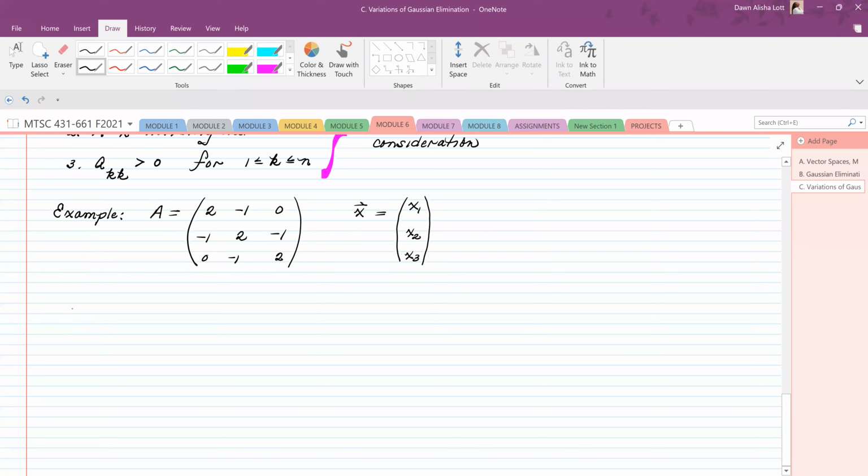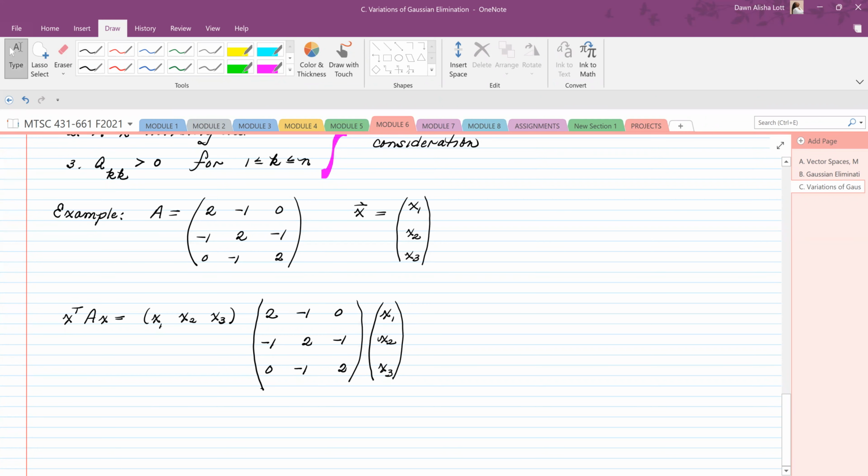So X transpose AX is to take X1, X2, X3, multiply it by the matrix A, and then multiply that by X1, X2, X3.